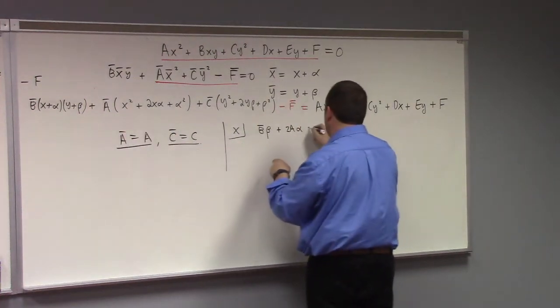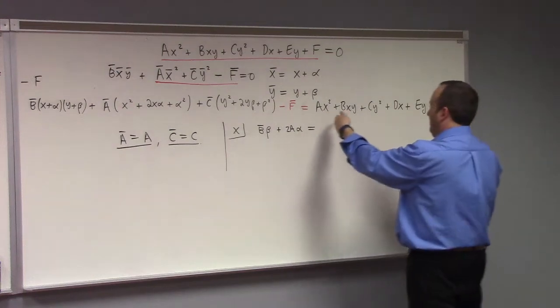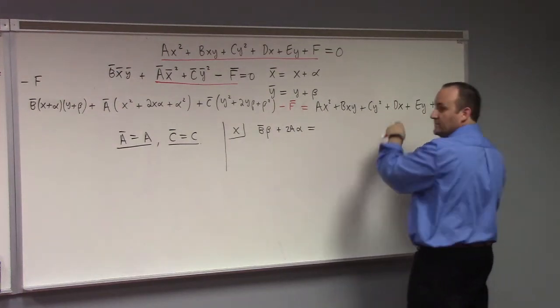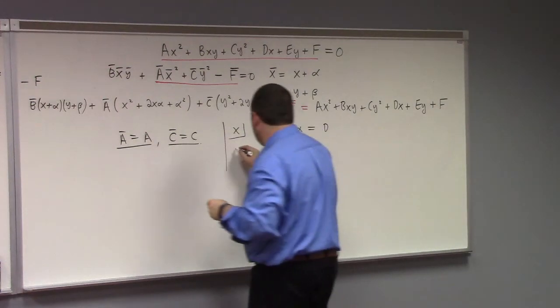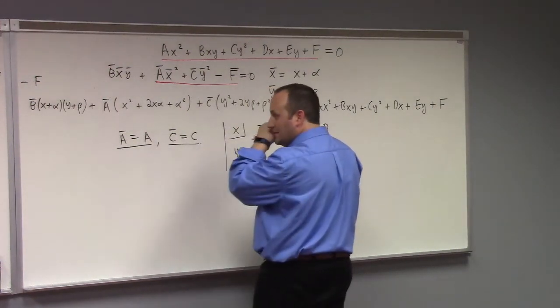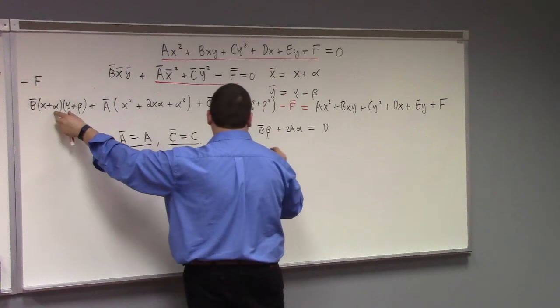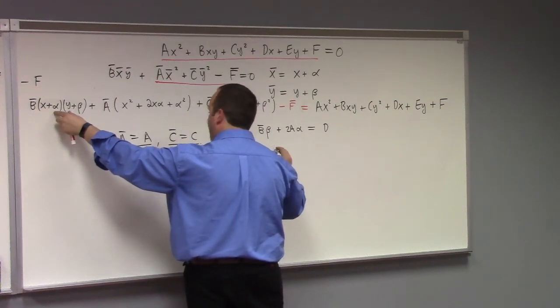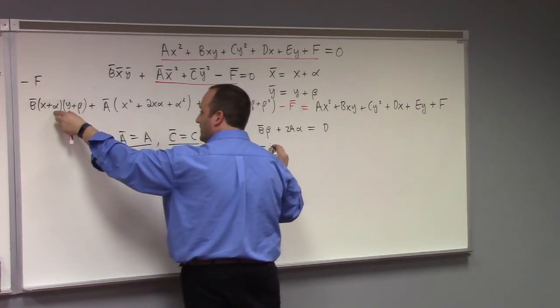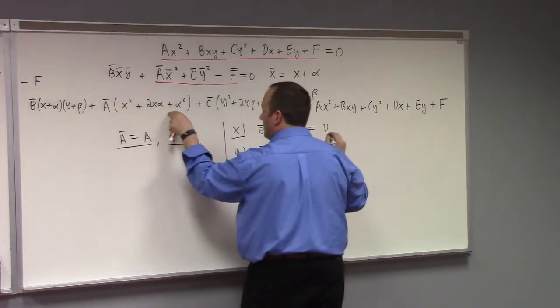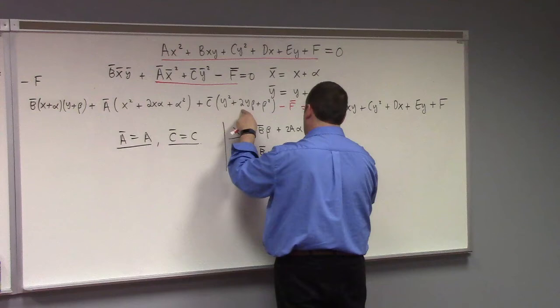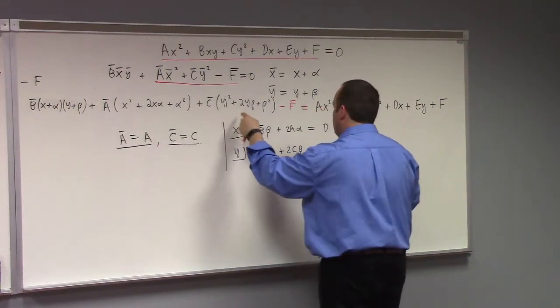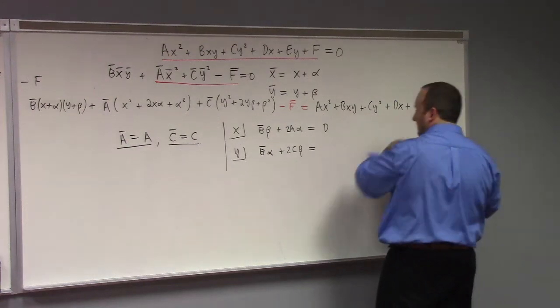And what is it equal to? d. How about the y terms? For y, we've got b bar alpha from this term, nothing from here, plus 2c beta equal to what? e.